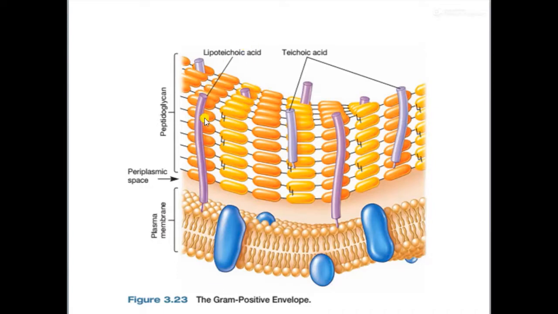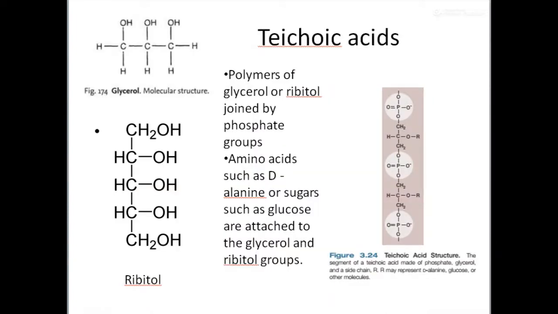And attached to this peptidoglycan layer, you can also find sometimes some molecules called the teichoic acids. And these teichoic acids sometimes will be linked towards the lipid layer down, that is in the plasma membrane, and when it is being linked to the lipid bilayer down, the teichoic acid is referred to as a lipoteichoic acid. Now, what is teichoic acid?